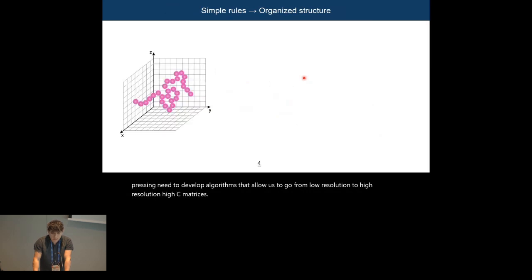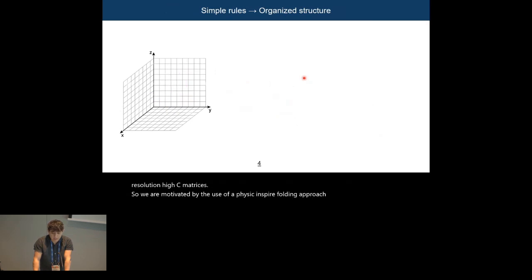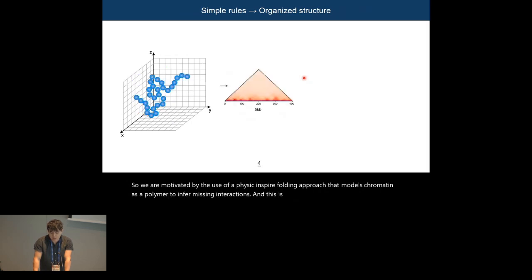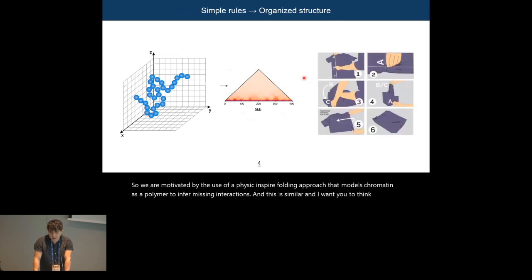So we are motivated by the use of a physics-inspired folding approach that models chromatin as a polymer to infer missing interactions. And this is similar, and I want you to think on how a pretty simple method to fold a shirt can end up in a perfectly folded shirt.